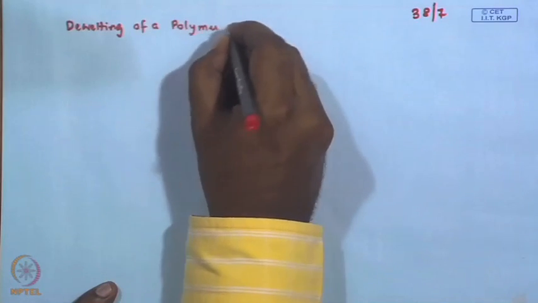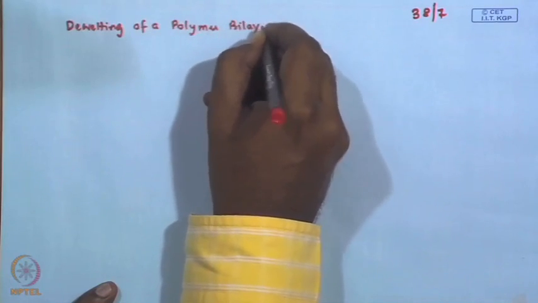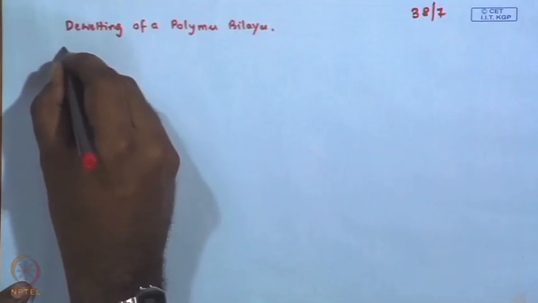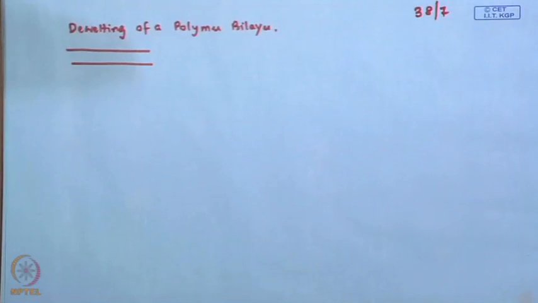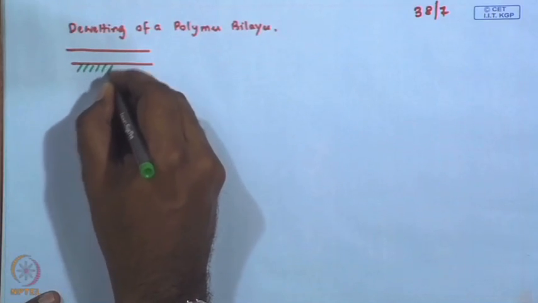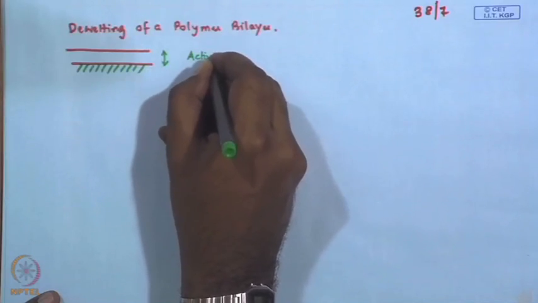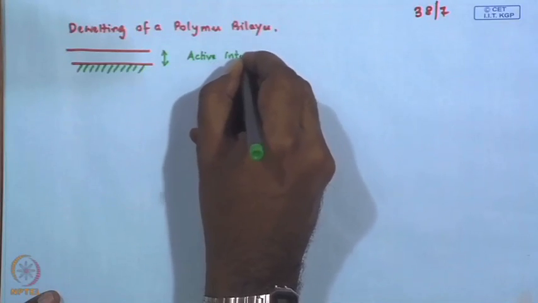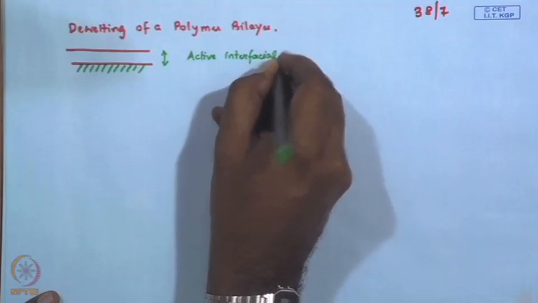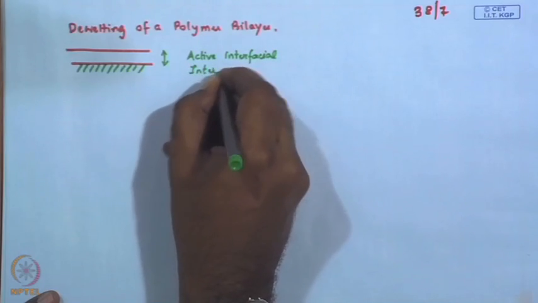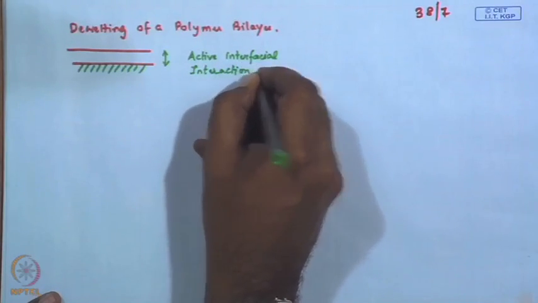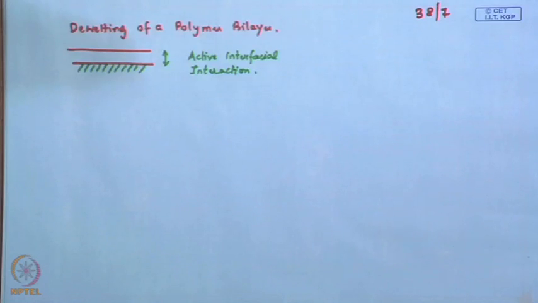So, what we have understood in the context of a single layer film, if it's a wetting film, so it's a liquid film coated on a solid surface, there is active interfacial interaction, which can be due to the van der Waals forces.